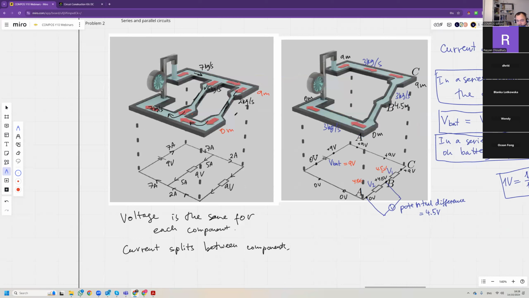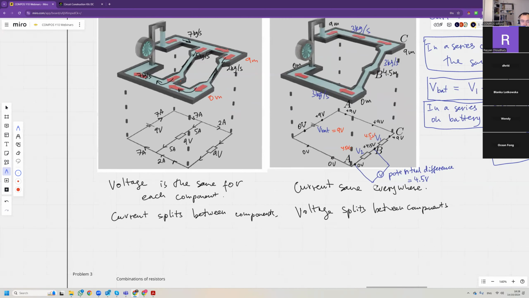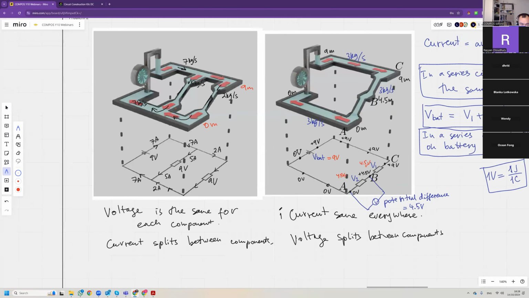So to summarize, in a series circuit, the current is the same everywhere. Voltage splits between components. Okay, so first, current.